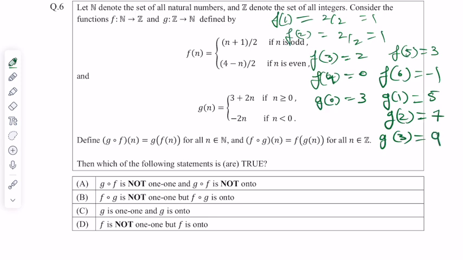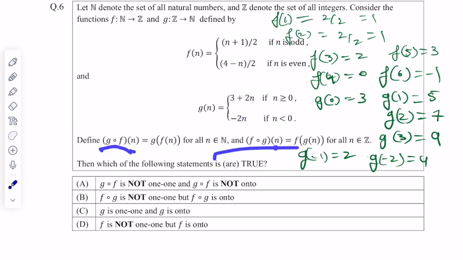So we can see we are getting all the odd ones. g of minus 1 will be 2. It will start giving us even ones, that is g of minus 2 will be 4. So we are getting all the natural numbers, but we are not getting a 1. So we are not getting a 1 out of here.